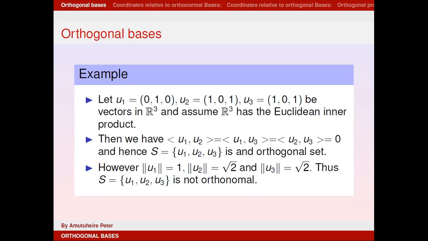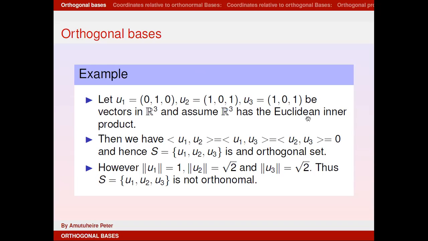How do we get to know that the norm of u1 is equal to 1? We compute it. In the previous lecture, we defined the norm as the square root of the inner product of u1 with u1.